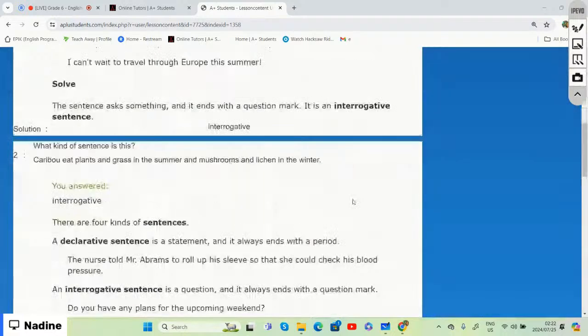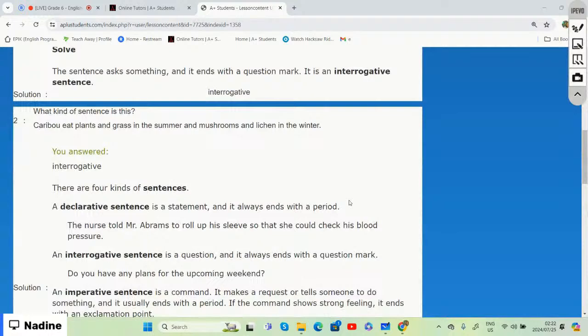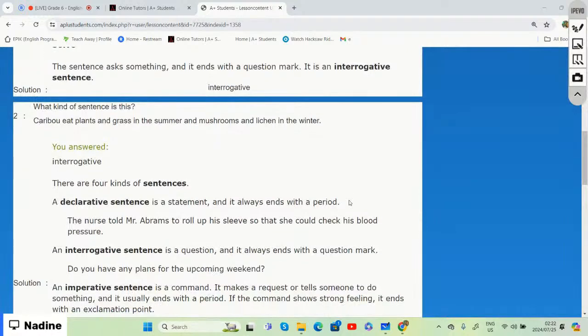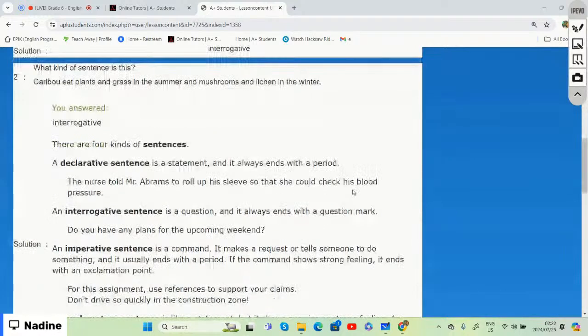All right, so the next one. The next one says, caribou eats plants and grass in the summer and mushrooms and lichen in the winter.